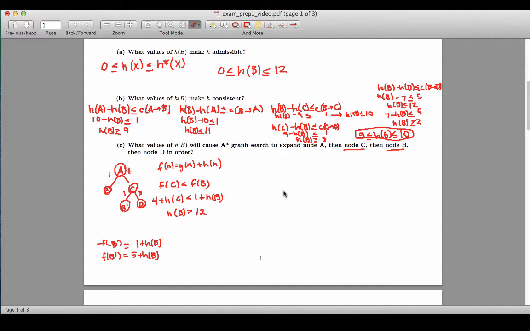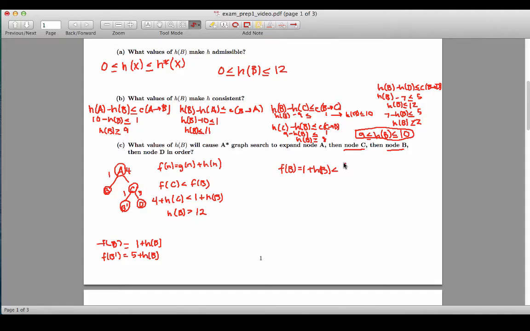The only time node B will be expanded before node D is if f of b, which equals 1 plus h of b, is less than or equal to f of d.